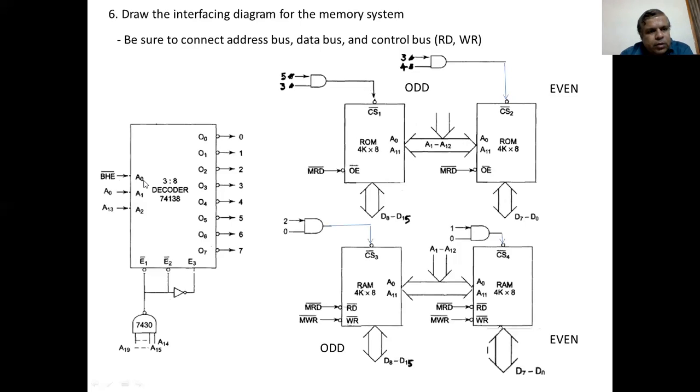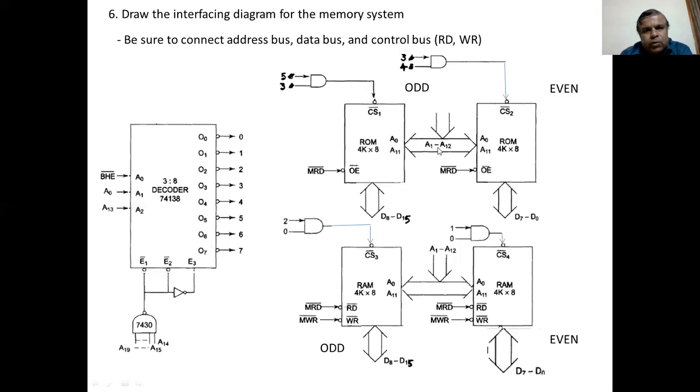So 0 1 1. So then which is selected? Output pin 3 is selected. So this pin will go low, and this is connected to an AND gate to select this odd bank RAM, and it is also given to an AND gate to select the even bank RAM also.